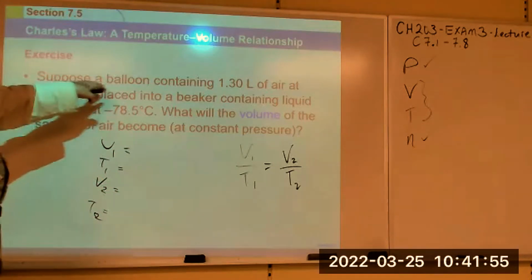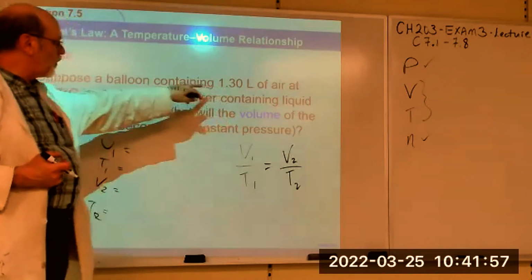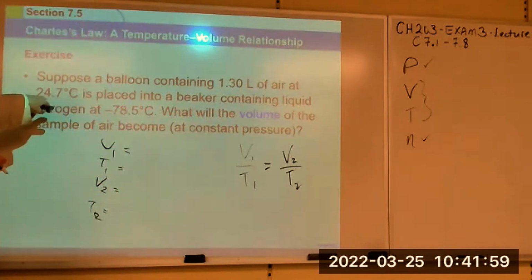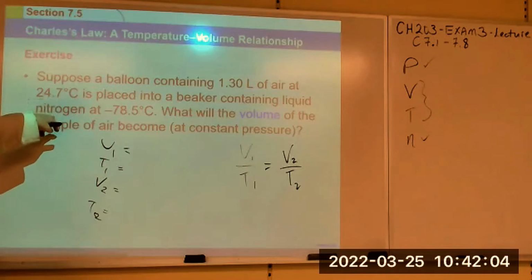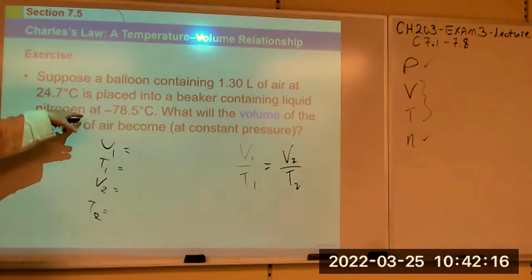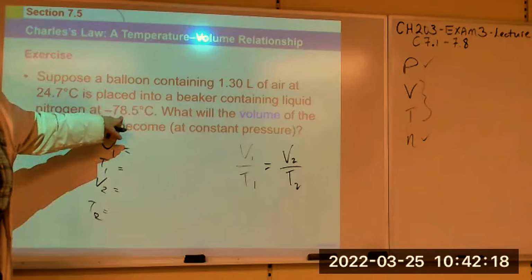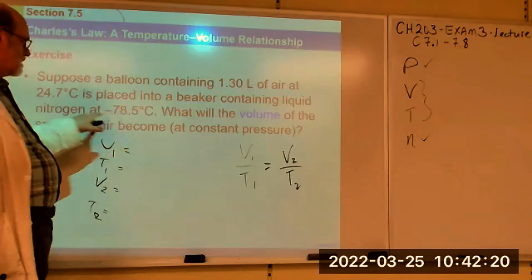First of all, your balloon contains 1.43 liters at 24.7 degrees, placed in a beaker of liquid nitrogen, which is really cold. Wait a minute, that's not right. This is dry ice, so that's wrong.